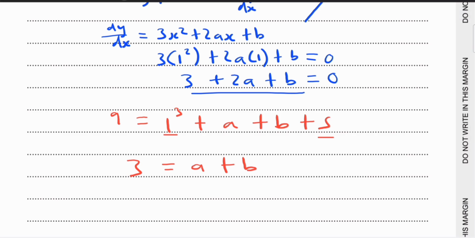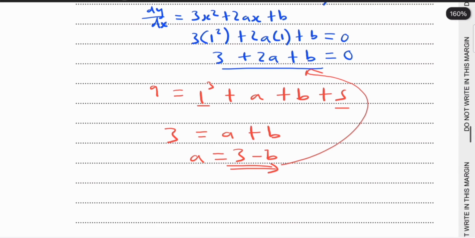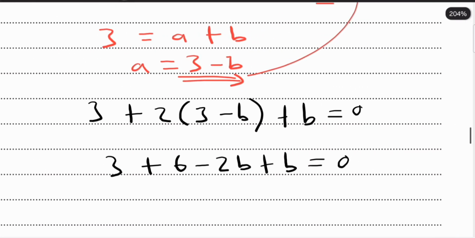So making a the subject, a will be 3 minus b. So we're going to substitute this for a in this, right? And doing that, we get 3 plus 2(3 minus b) plus b equals 0. So 3 plus 6 minus 2b plus b equals 0, like that.